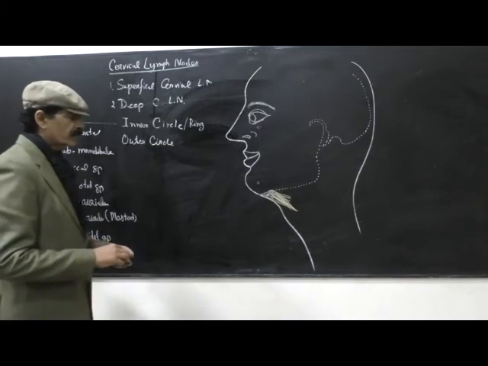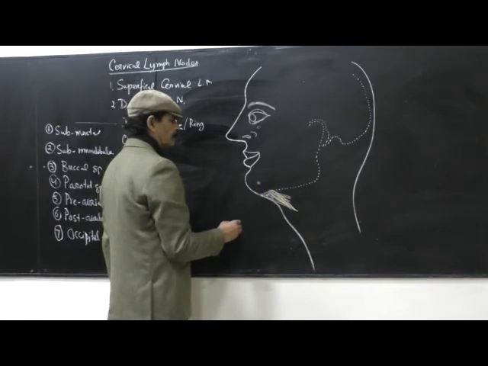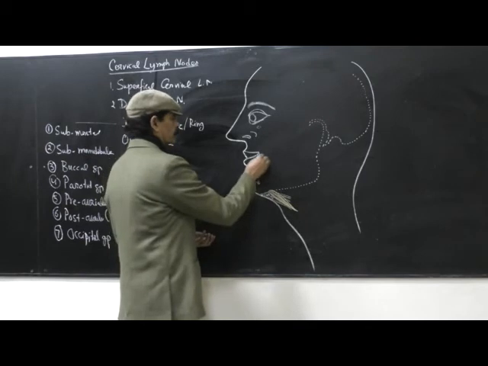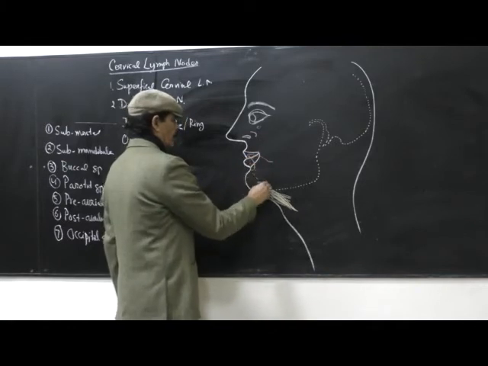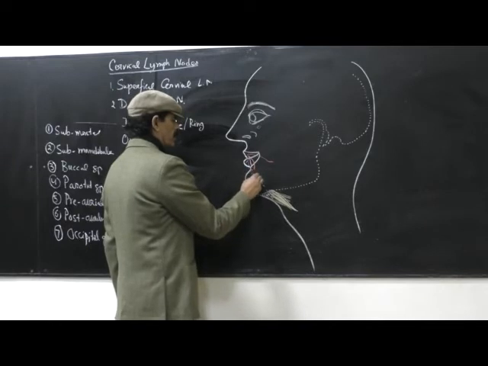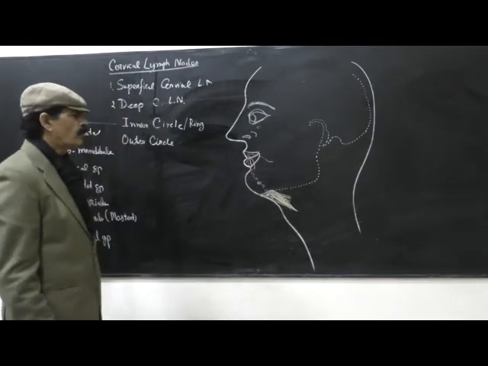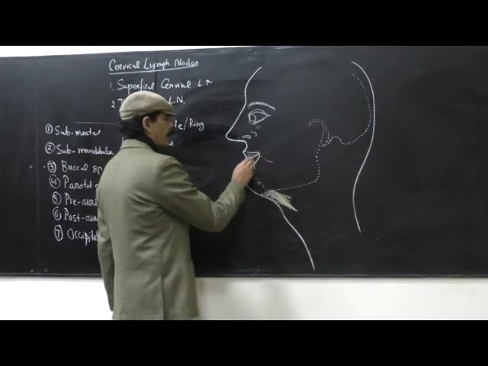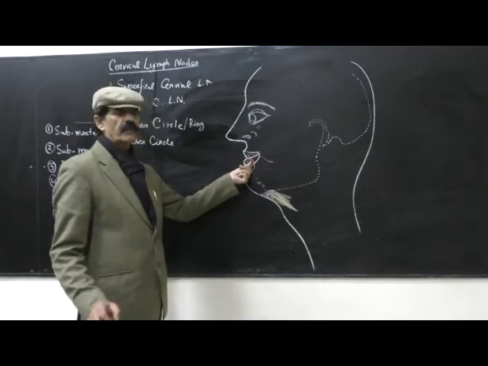The submental group receives its afferents from the tip of the tongue, then it receives the lymph afferent from the central part of the lower lip, then it receives the lymph from the labial and the lingual gums of the lower incisor teeth.